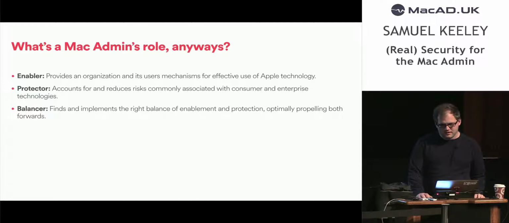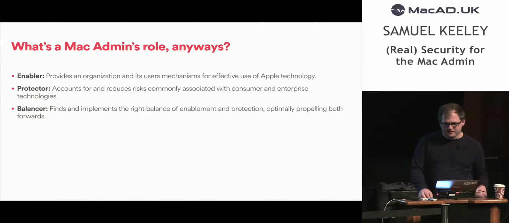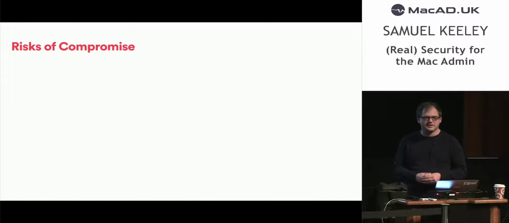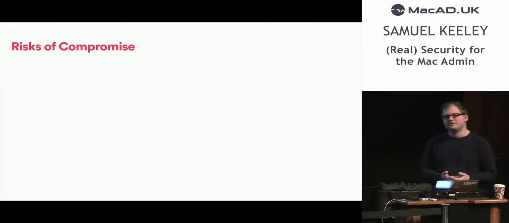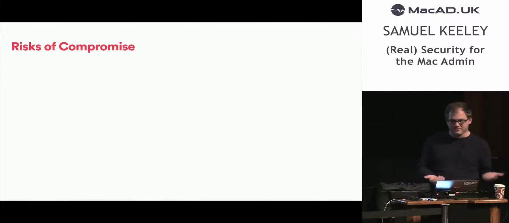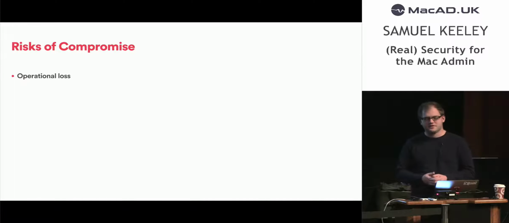But I want to talk about, like, what if we don't do all these things? What if we don't have secure systems? Like, what can happen? So the risks of compromise that can happen if your systems aren't in a good state and something bad happens. So there's the most common scenarios, which I would categorize as an operational loss.